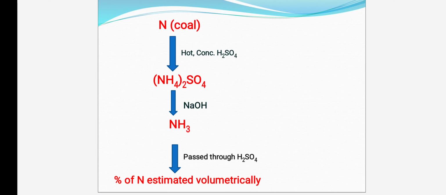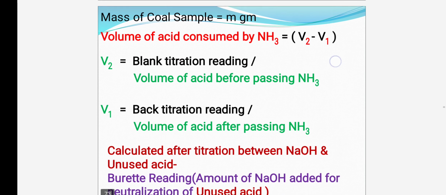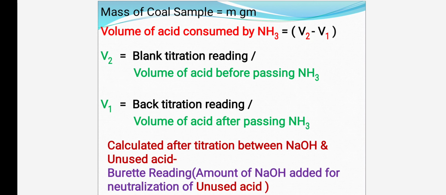That's why it is estimated volumetrically. Now as far as the calculation and formula part is concerned, dear students, first, that is what? The mass of coal sample. As we know, for carrying out the experiment, we have to take a known weight of coal sample, that is m gram. Then the volume of acid consumed by ammonia, which is equal to V2 minus V1.